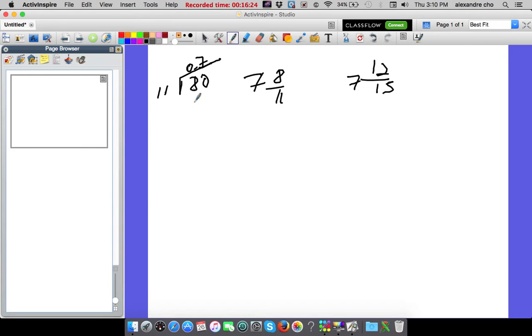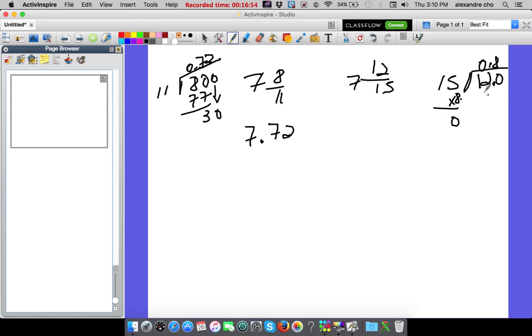Add a 0, and that goes in 7 times, 77, bring another 0 down, so it's about 7.72, because I changed 8 over 11 to 0.72. 12 over 15: 12 goes inside because it's the numerator. 15, add a decimal, add 0, 15 goes into 120 about 8 times. 8 times 5 is 40, and so on.